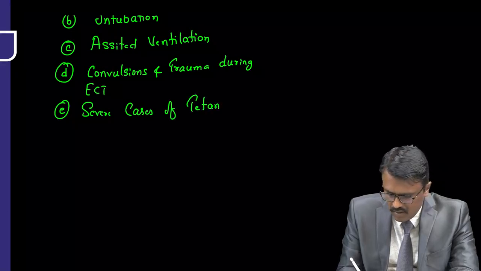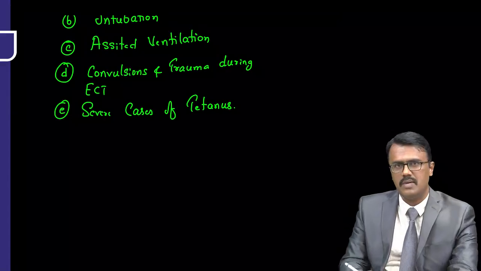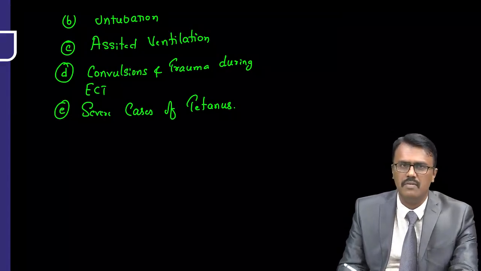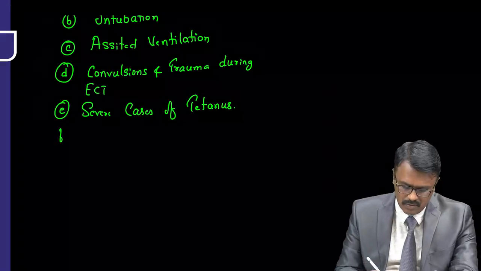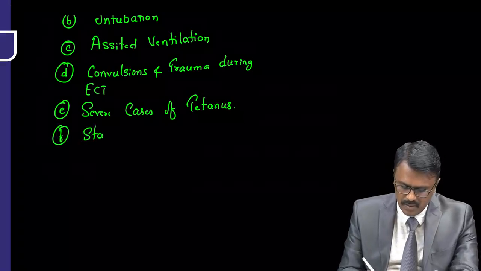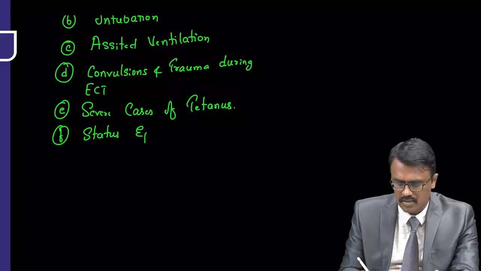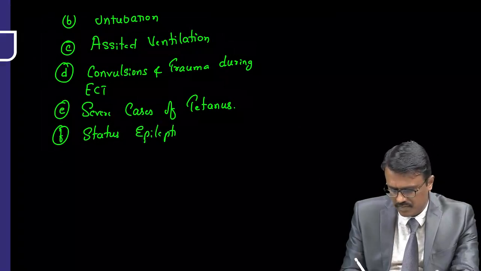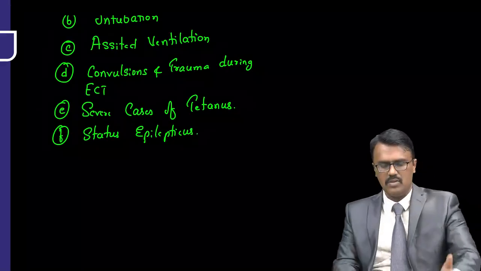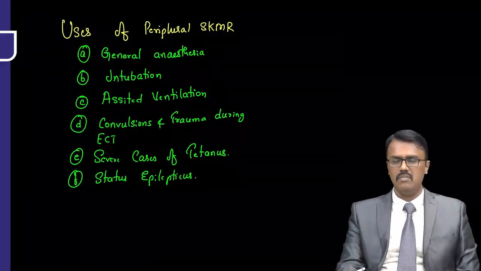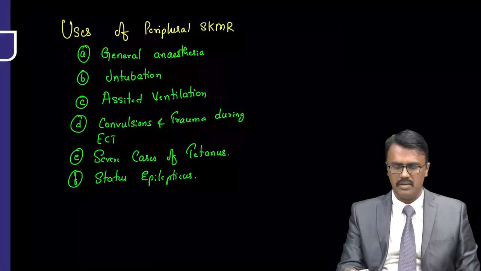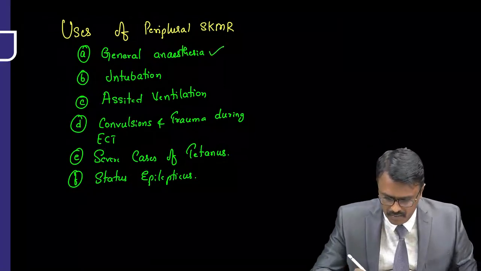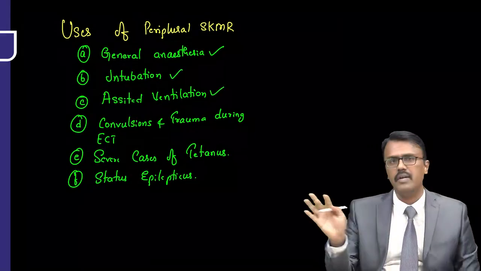And it is also used in severe cases of tetanus. So tetanus, you know that it's a muscle spasm condition, so there we can use it. And very rarely, these are also used for status epilepticus. Very rarely they are used. So these are the conditions where we use the peripheral skeletal muscle relaxants, but particularly remember the first 3 are very, very important.